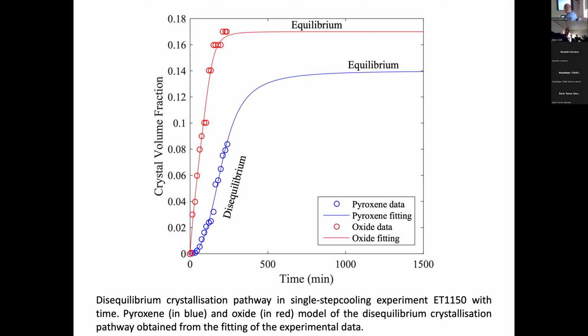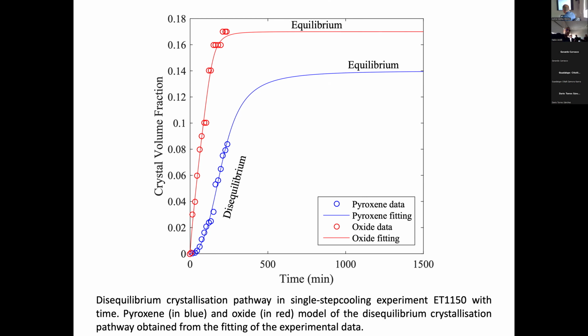This liquidus, the line that represents the evolution of crystal volume fraction at equilibrium condition, was calculated basically with MELTS, combining MELTS with an equation that we developed for basaltic magmas that considers the disequilibrium of each phase.